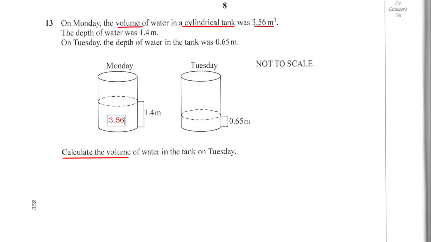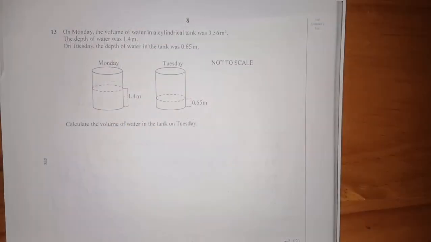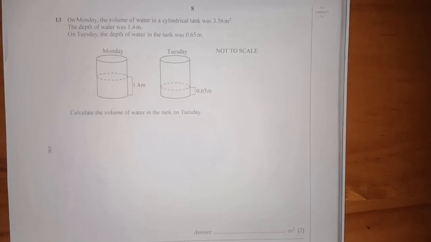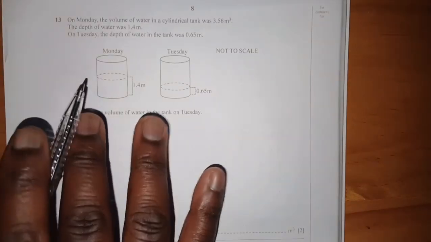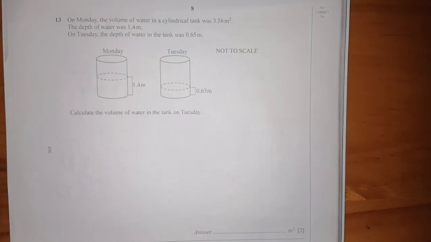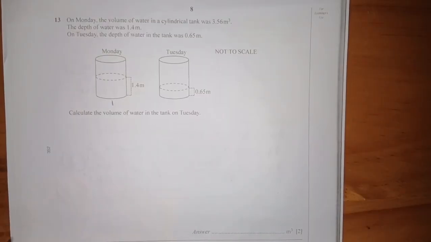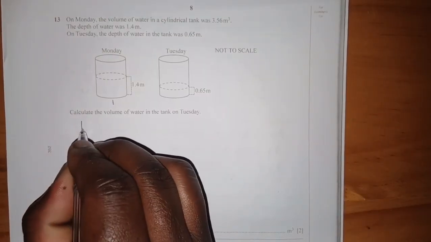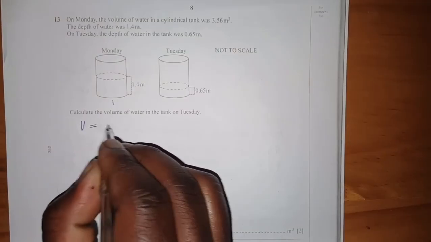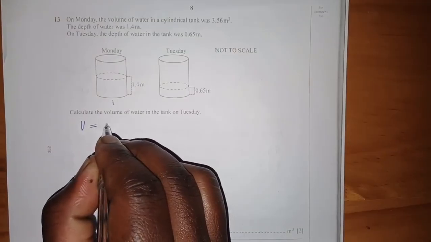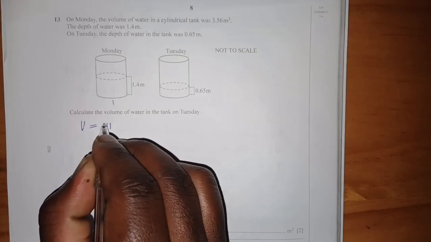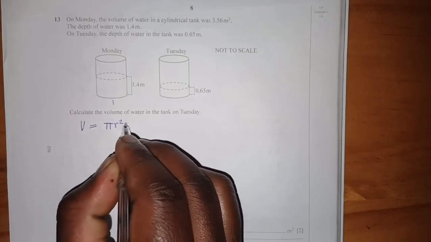Now let's just try to calculate. From the first tank, tank number 1, we know that the volume of a cylinder is equal to pi r squared h.